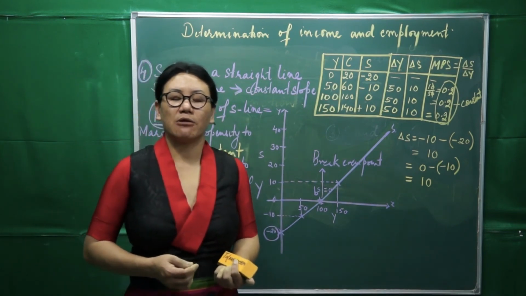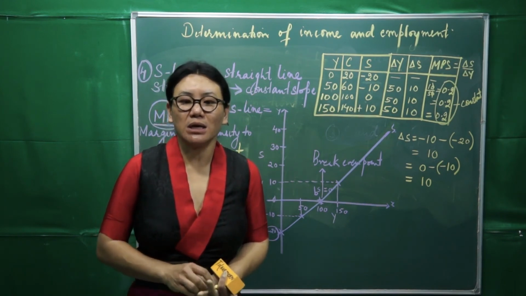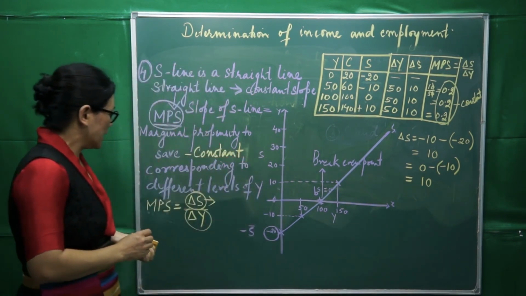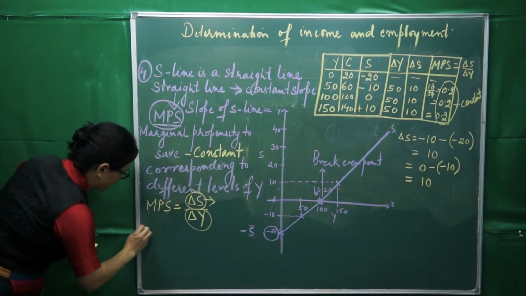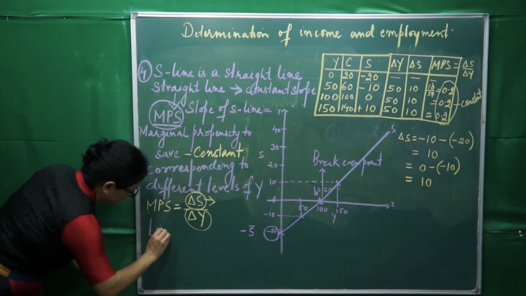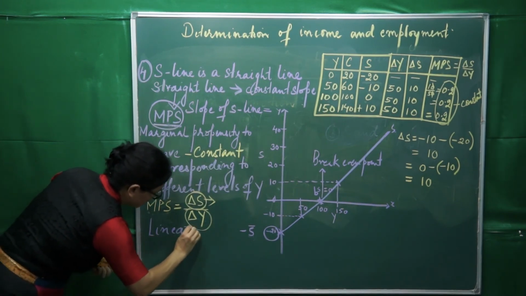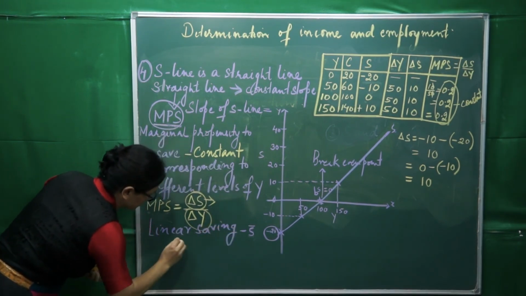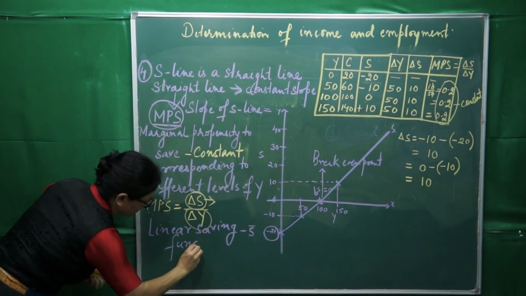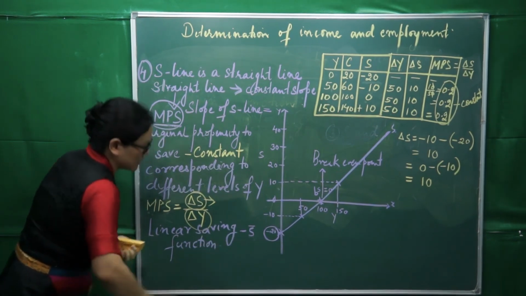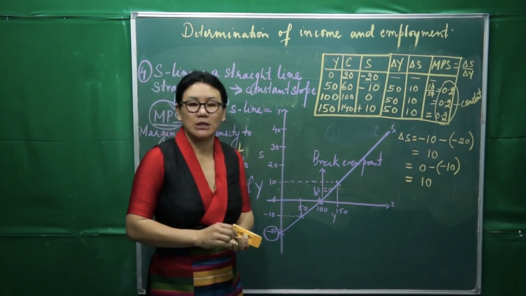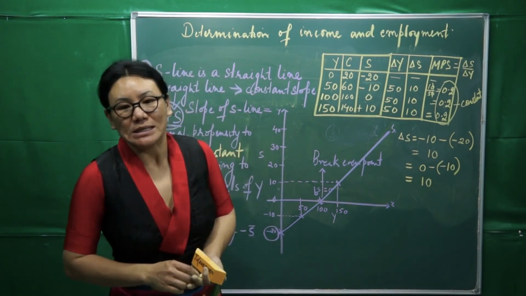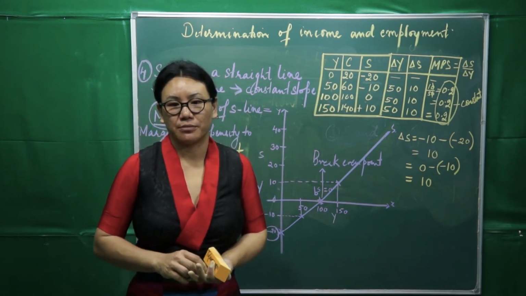Such a saving function is called a linear saving function. I'll write it here: linear saving function. Such a saving function is called a linear saving function.